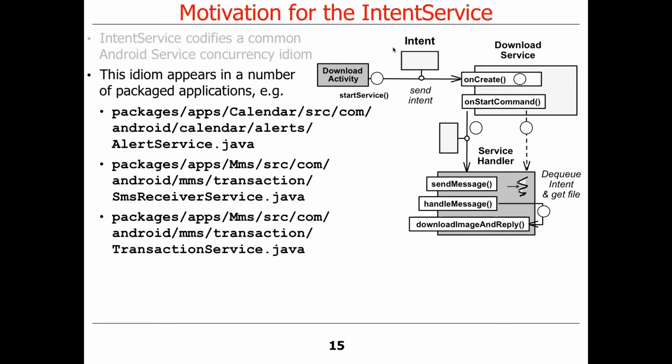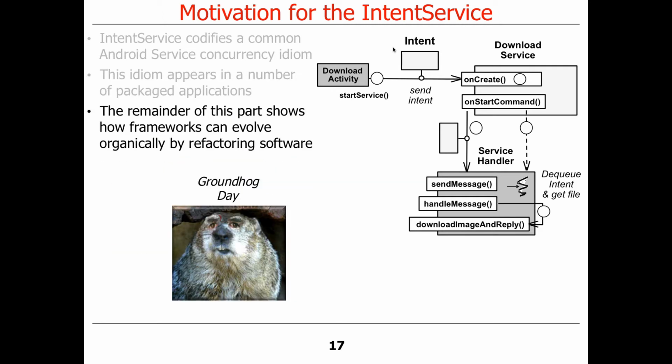There's a whole bunch of things in Android that use exactly this idiom. The calendar has an alert service that uses it. The MMS service uses this, and there are a couple of places it's used in MMS. So it's a very widely used idiom. The cool part about this, and really the key lesson I want to get across, in addition to showing you how this all works, is that frameworks often emerge from looking at commonality that appears in code in multiple places, where people say, gosh, every time we do this, we do the same sort of thing.